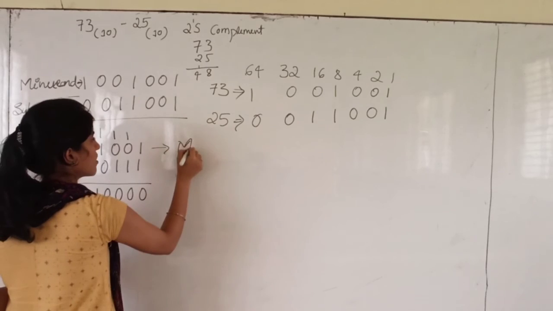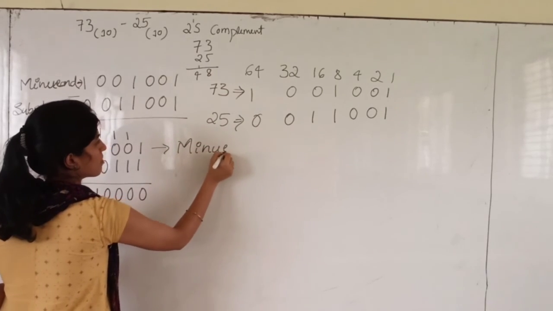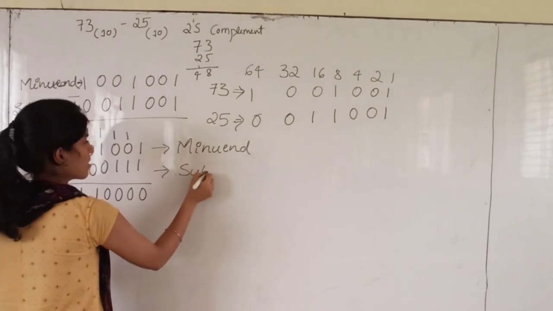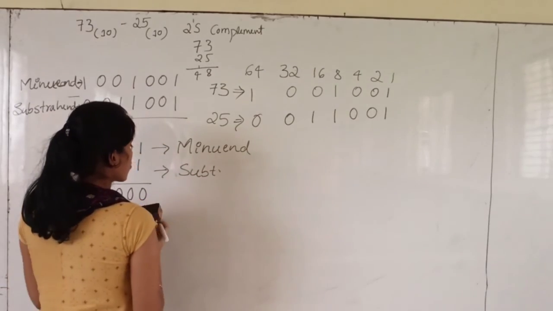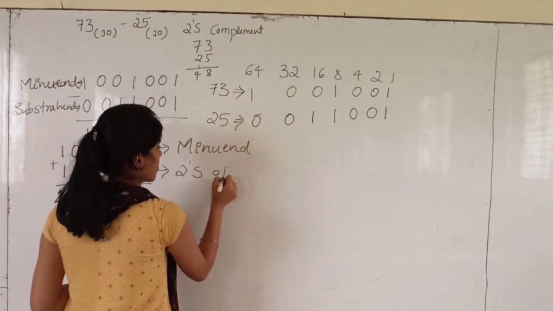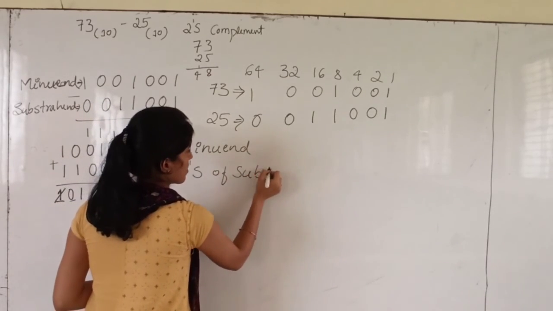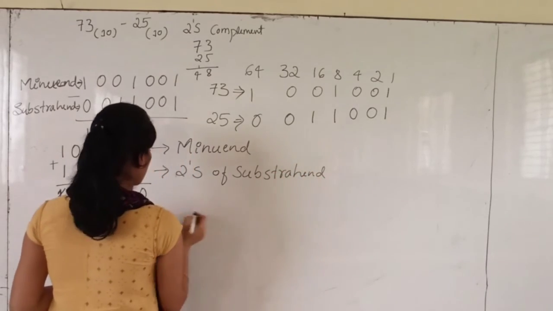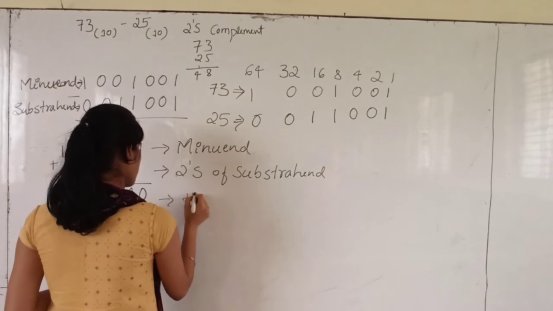This is the minuend, the 2's complement of the subtrahend, and the final difference.